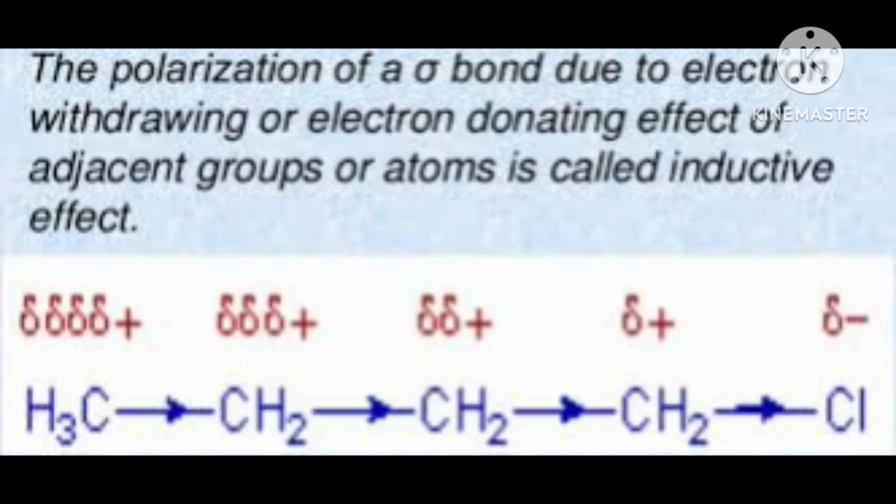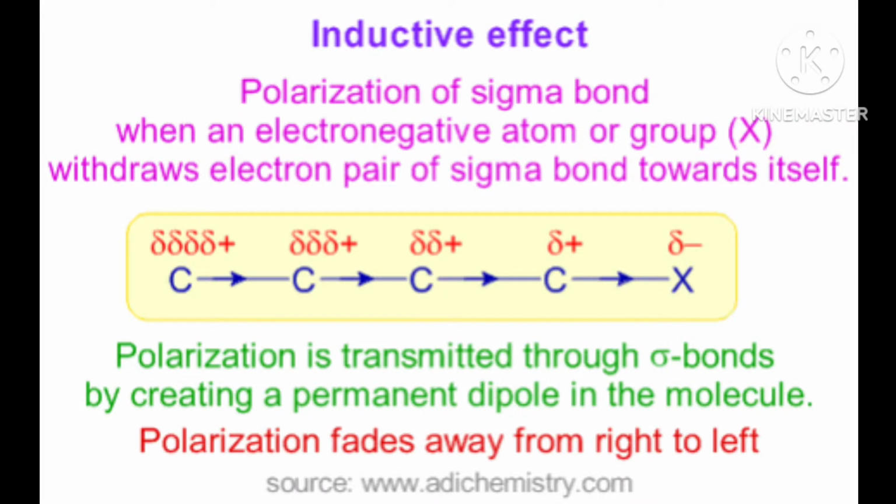Some examples of nucleophiles are negatively charged ions. Nucleophiles are often negatively charged. If a negative charge is not there, then at least a lone pair of electrons should be there, such as hydroxide, OH minus.